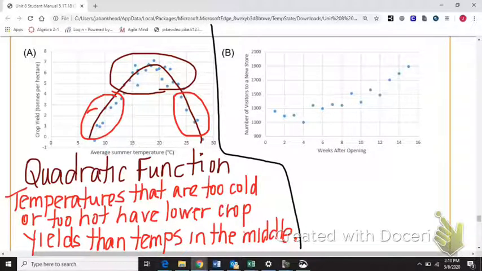If you're just looking at the data through here, we may say that this is best modeled by a linear function. But if you look at the data from its beginning, you may notice a curve there, and so some of you may have decided that this is best modeled by an exponential function.